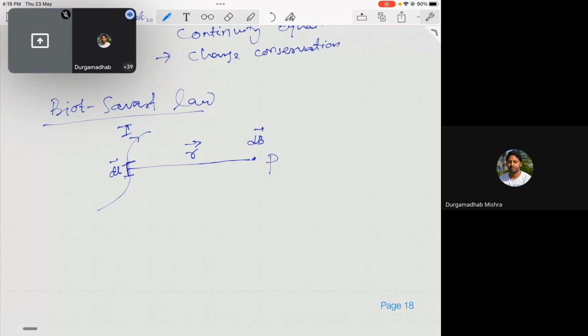If I take a reference point, origin somewhere here, then this is the position of this length element dl prime, that is r prime, and the point P is defined with the position vector r. So the vector that connects the length element dl and point P is r minus r prime.